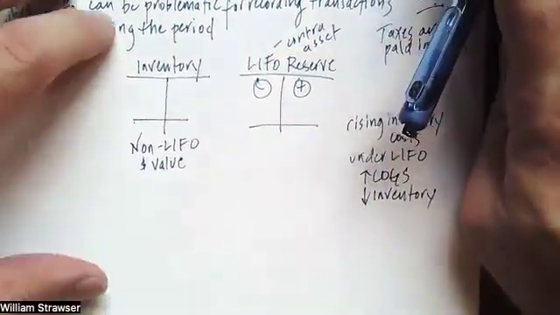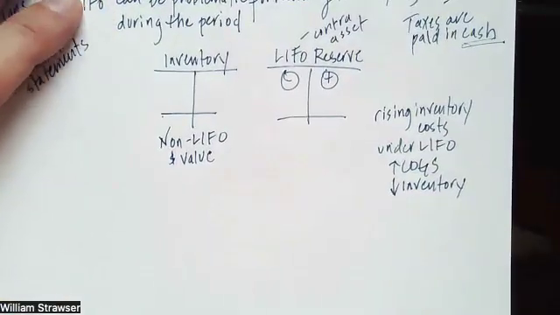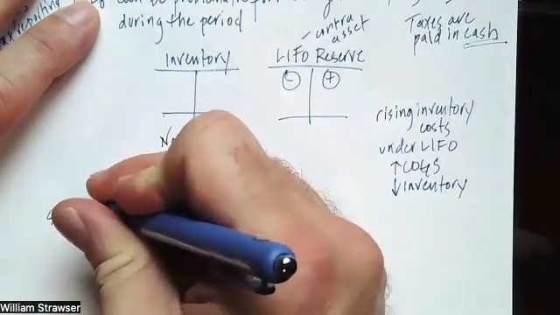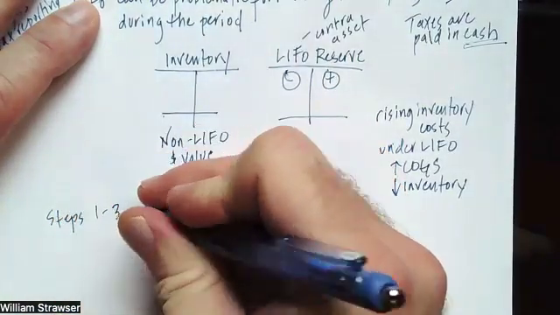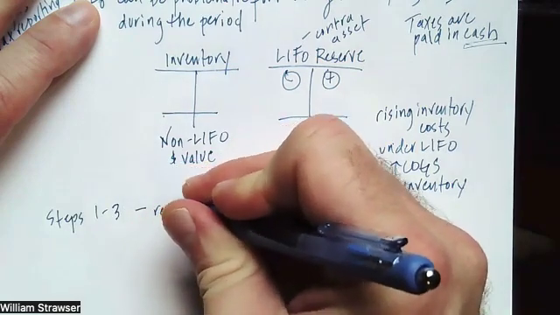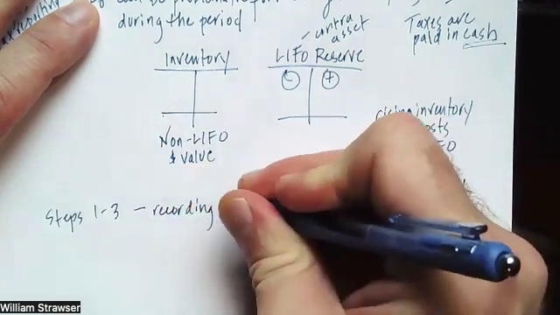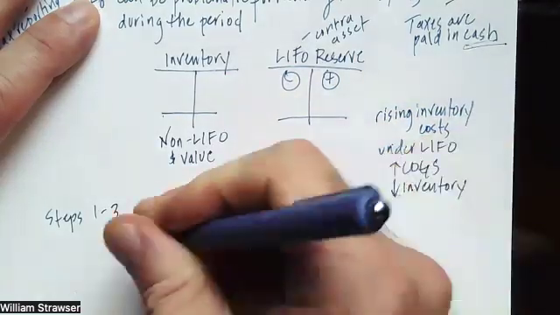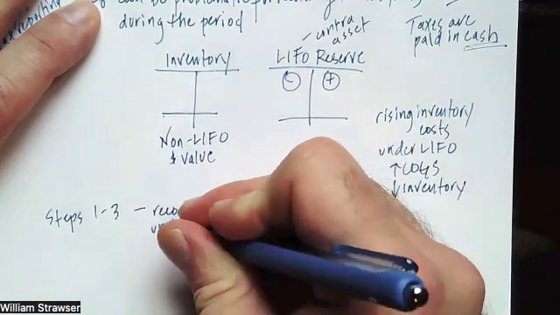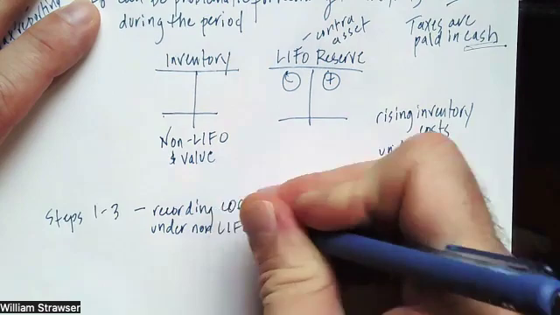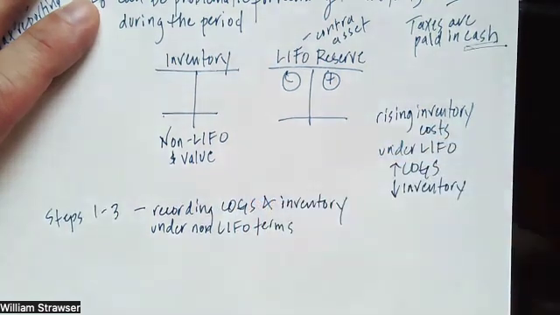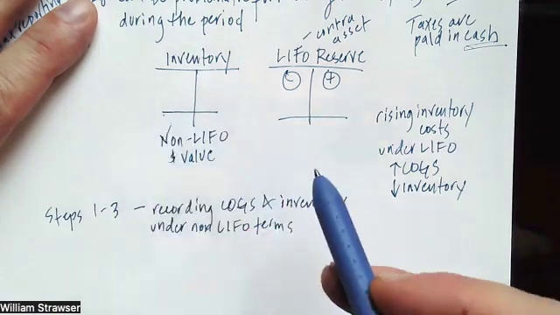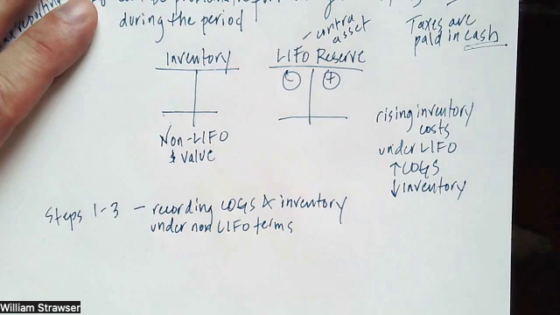So when we're thinking about this process, it does help to keep the accounting cycle in mind. If you're thinking of steps 1 through 3, we are recording COGS and inventory under non-LIFO terms. Then we get an unadjusted balance for inventory, an unadjusted balance for cost of goods sold.